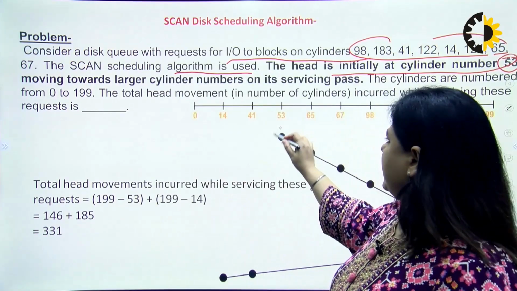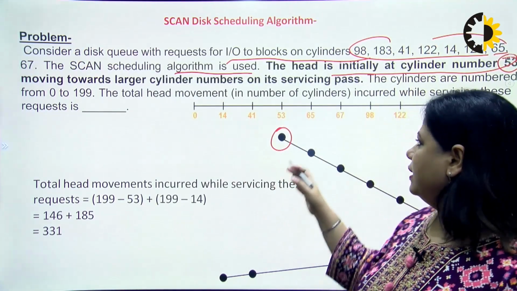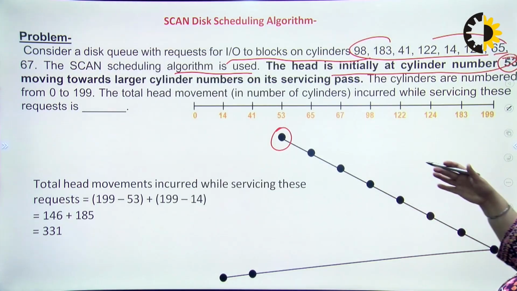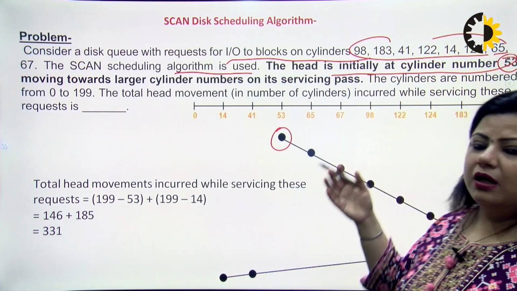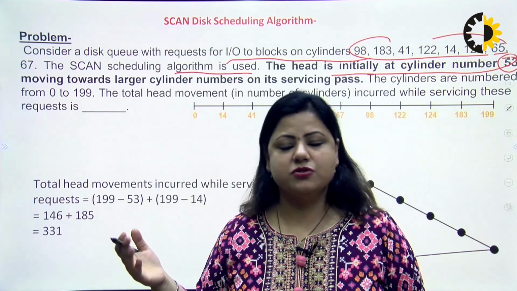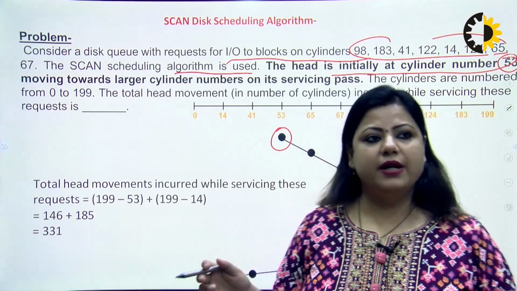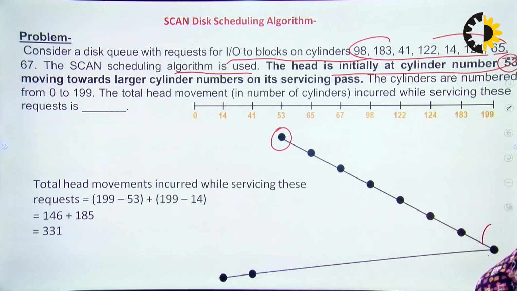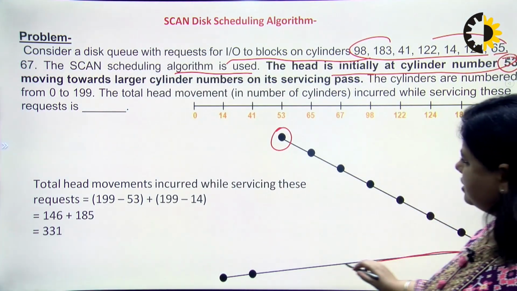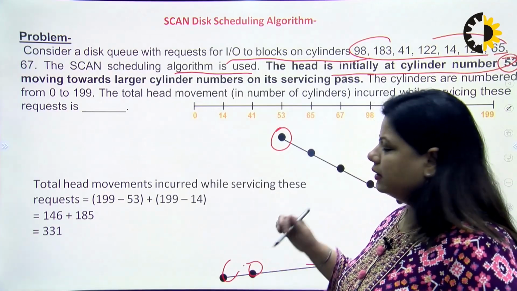So the head starts from 53, moves in one direction, and services all the requests given in the string, and after that it reaches one end and then reverses.